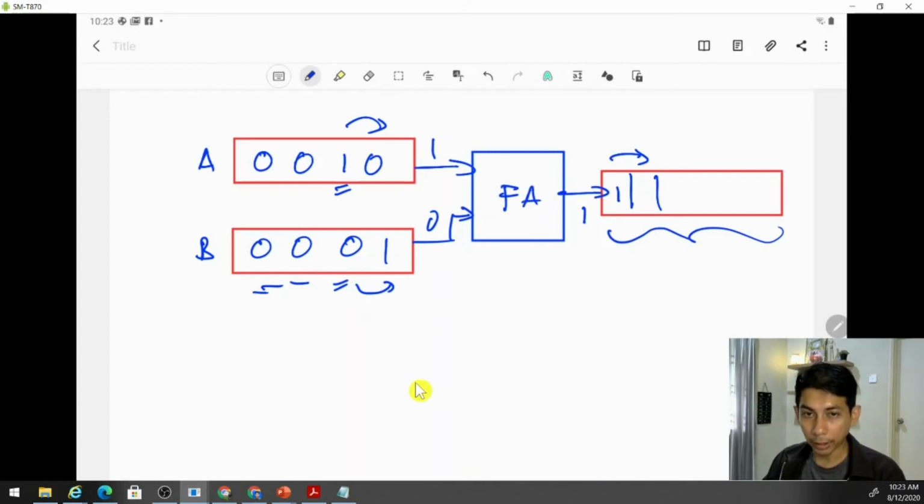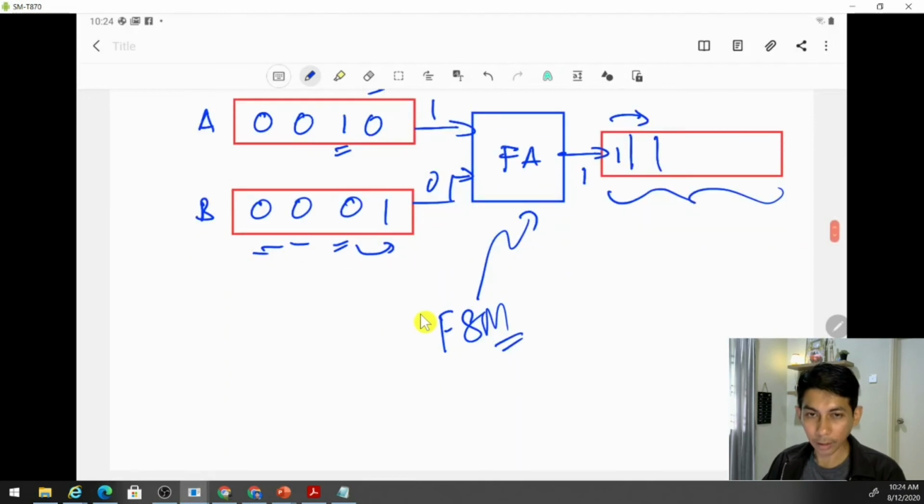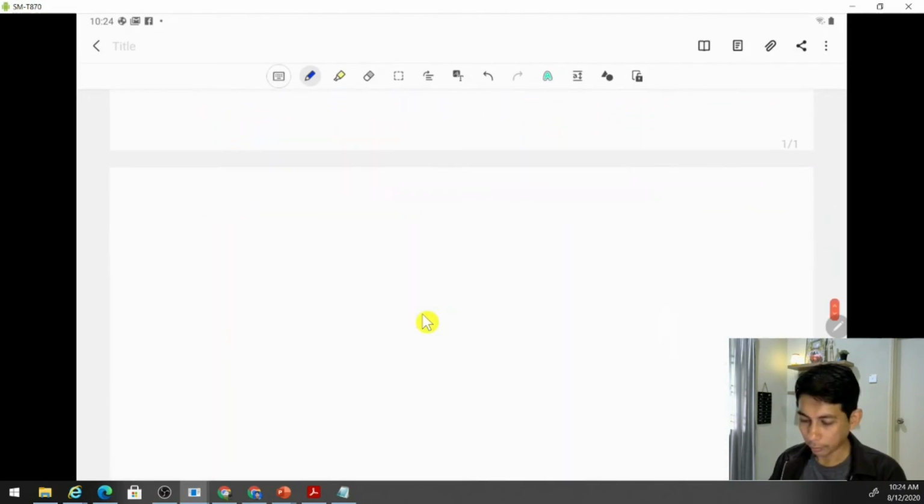But the question now is how to design this adder. We can use a finite state machine to do this. How to do that?